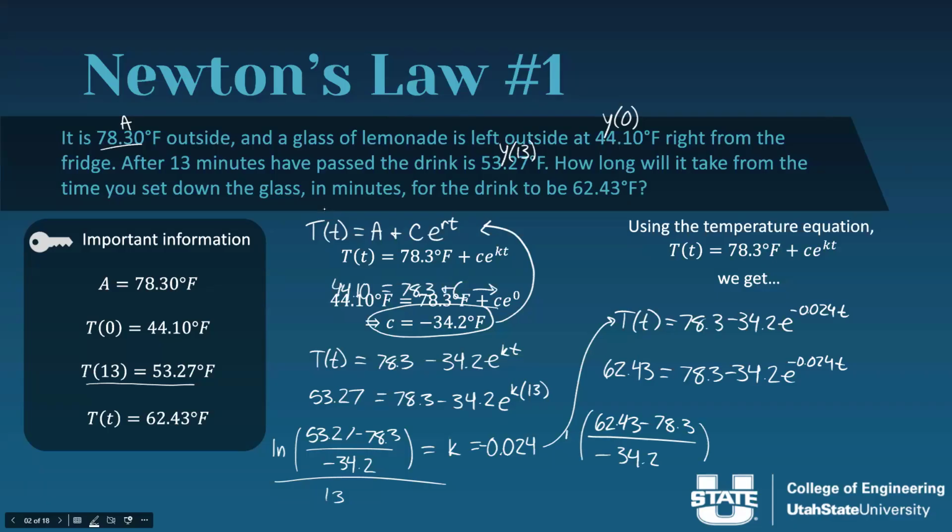Take the natural log of everything. It's going to be equal to negative 0.024 t. I'm going to divide both sides by negative 0.024. And then we have our answer for t, which I think should be around 32 minutes. Awesome.